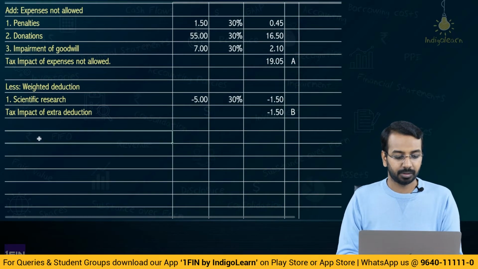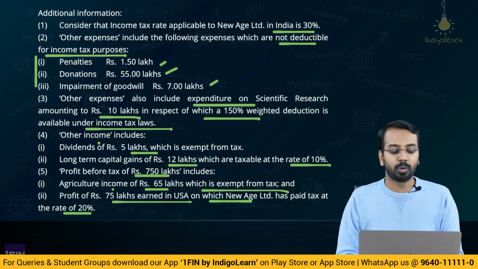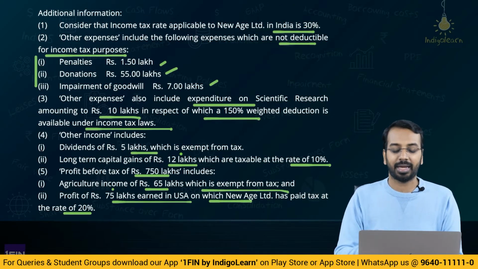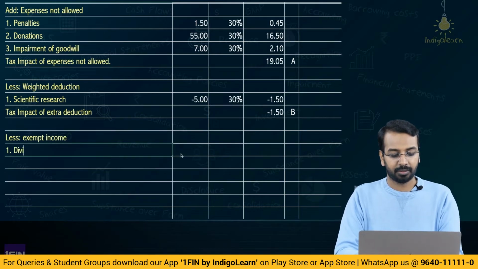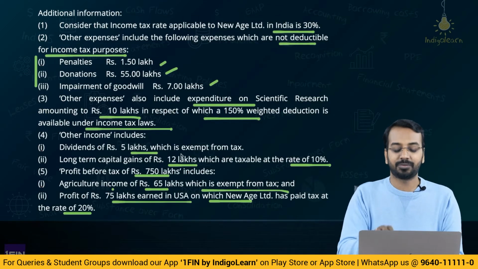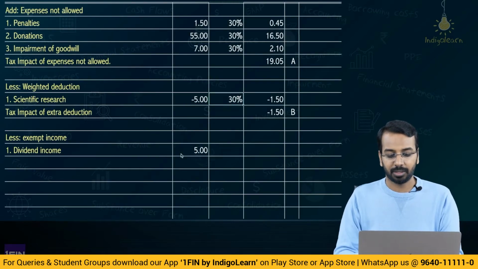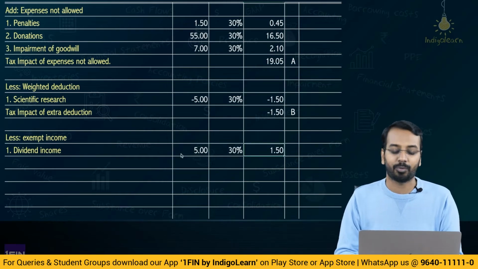Then other income includes dividend of rupees 5 lakhs which is exempt from tax. So dividend income. How much is the dividend income? Dividend income is 5 lakhs. So 5 lakhs is the dividend income. 30% of 5 lakhs will increase your tax by 1.5. Then dividend income is 5 lakhs and the tax impact of this is 1.5 lakhs.